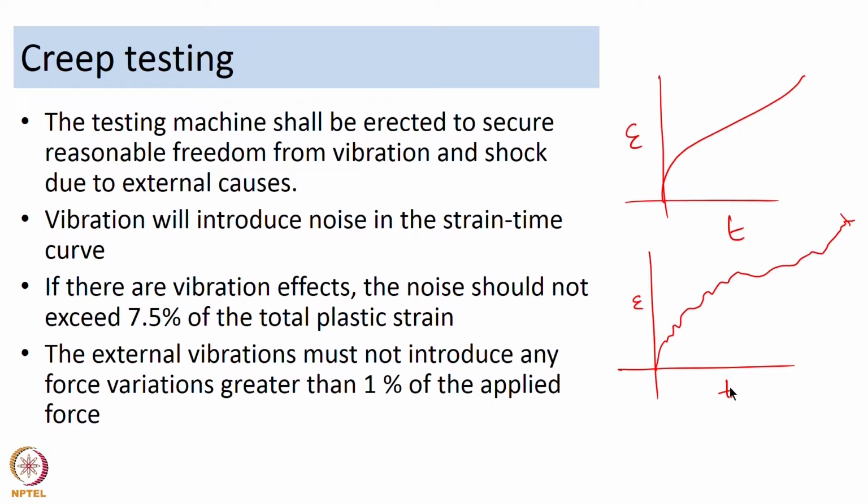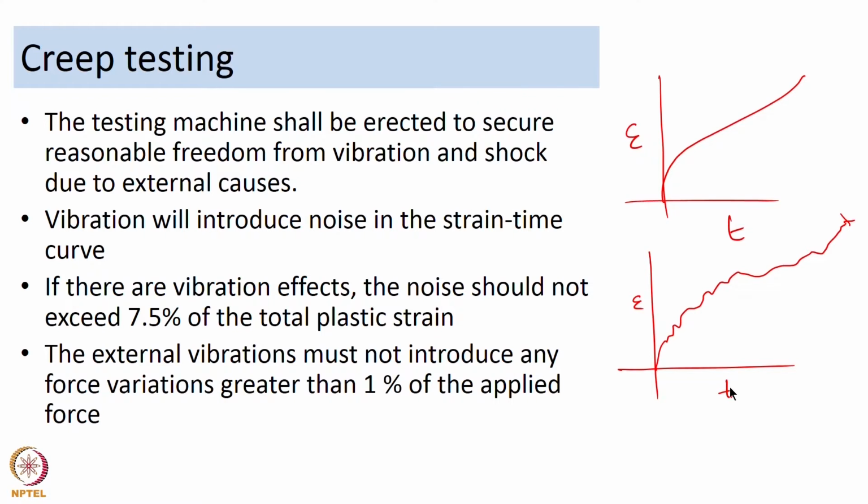However, if there are vibration effects which you cannot avoid, then one of the specifications provided by the ASTM is that the noise should not exceed 7.5% of the total plastic strain. So, if vibration is unavoidable and you have to live with it, then the maximum effect brought about by the vibration should not exceed 7.5% of the total plastic strain, and the external vibrations should also not introduce any force variations greater than 1% of the applied force.